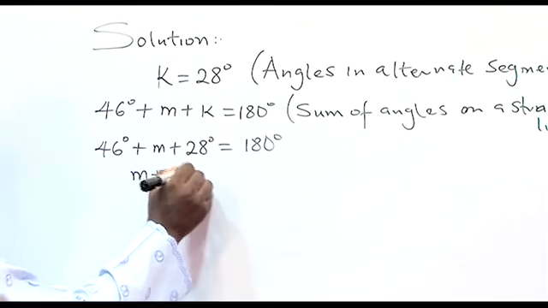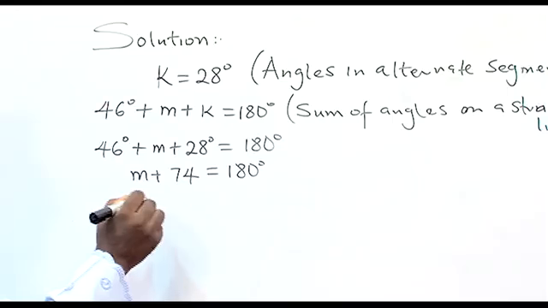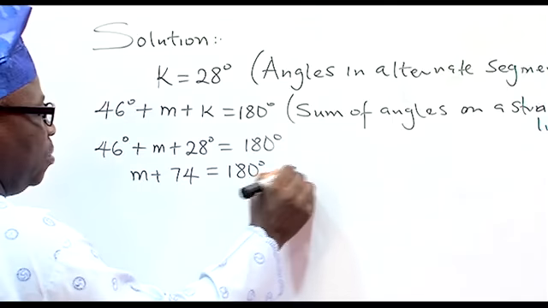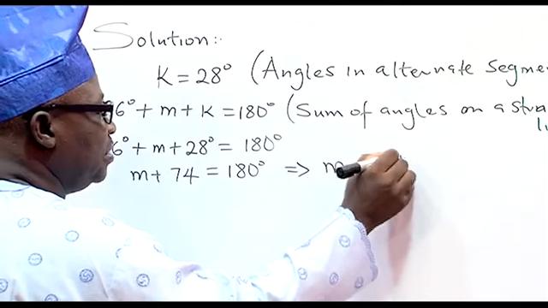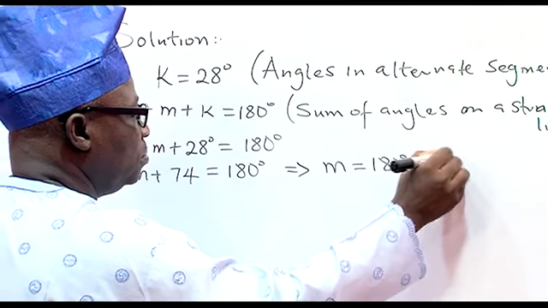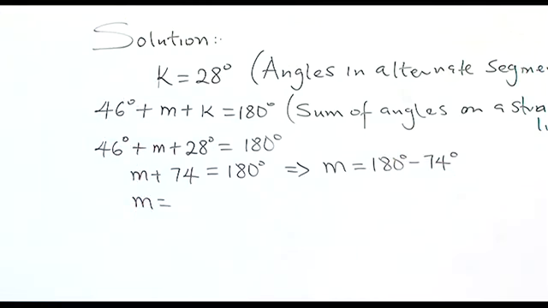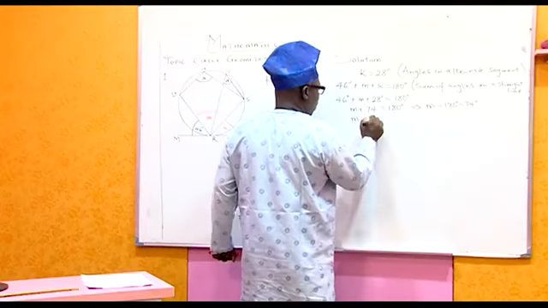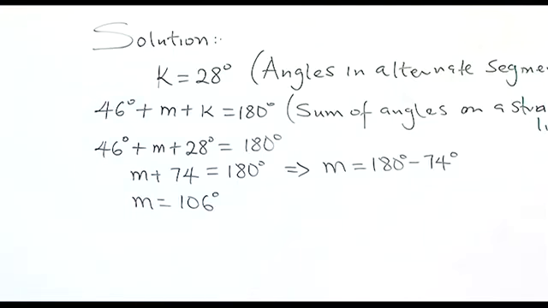So we have 74, all is 180 degrees. So at this point, we can now say M is 180 degrees minus 74 degrees. So when we do that subtraction, we are going to have 106 degrees as the value of M.